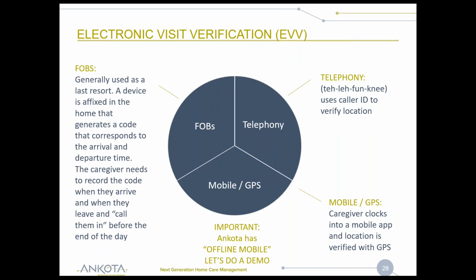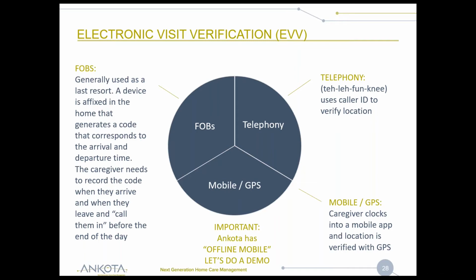But we have heard, and this comes later in the presentation, from the state that the state really is trying to move off of the concept of having people use the fobs as they go into EVV. So we'll talk more about that later.